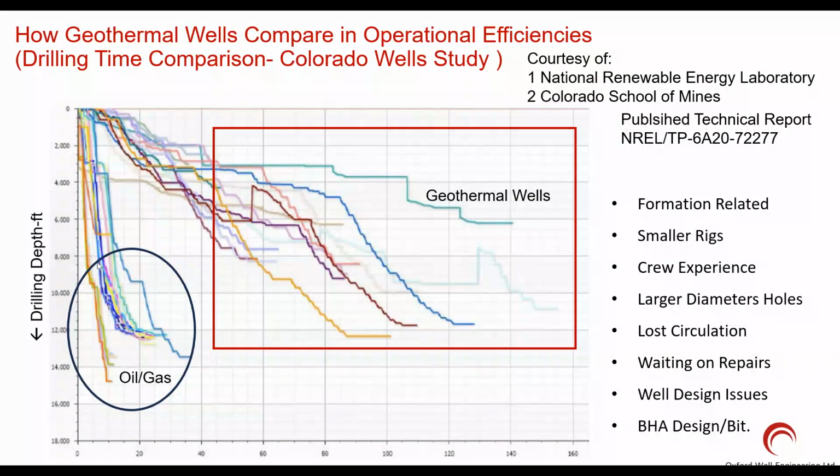One group is oil and gas wells, shown by the circles, and the rectangles are a group of geothermal wells in the same area, which was in Colorado, by the way. And in this, you can see oil and gas wells drill fast, taking 20, 30 days, maximum 35 days or so. And the geothermal wells in the same area, from the comparison point of view, look like a disaster.